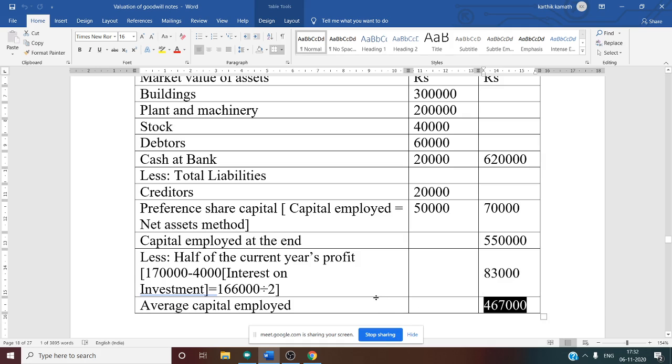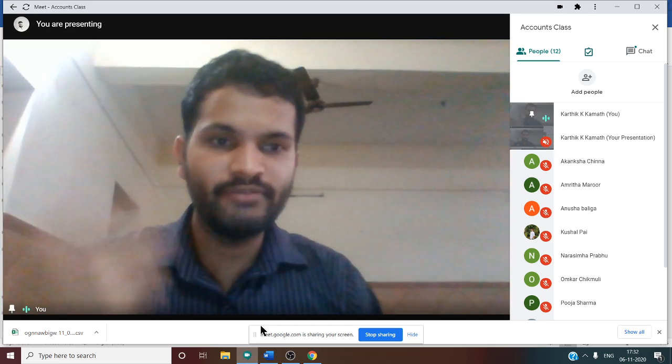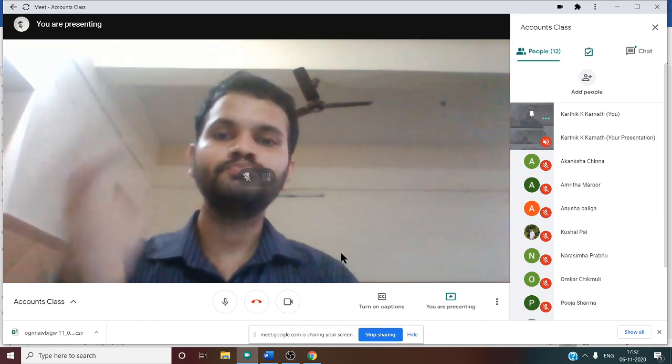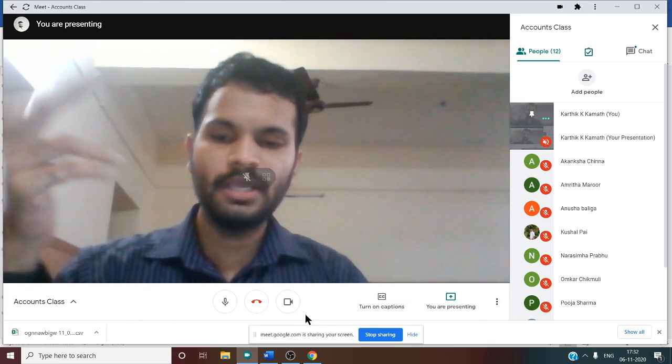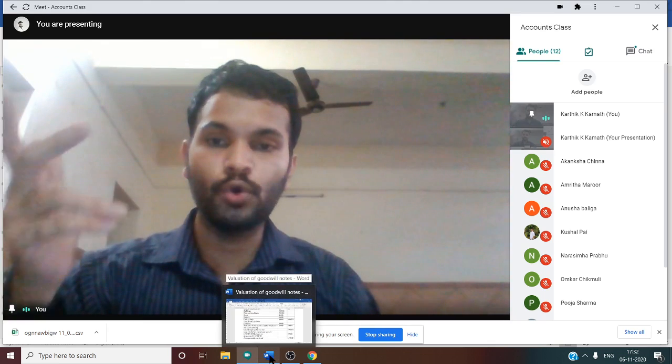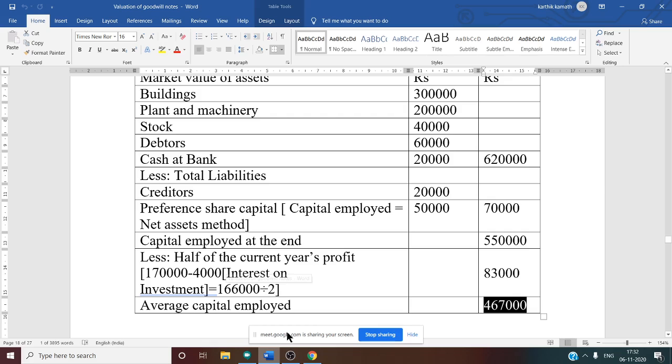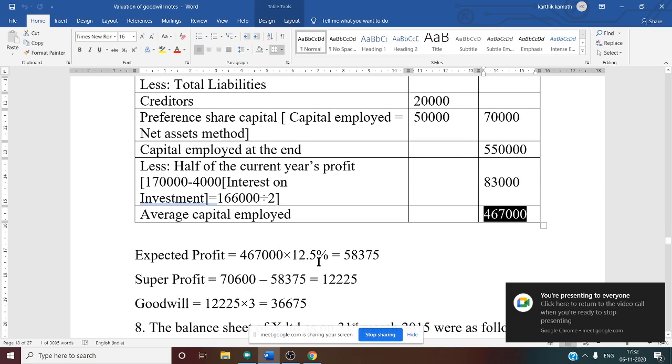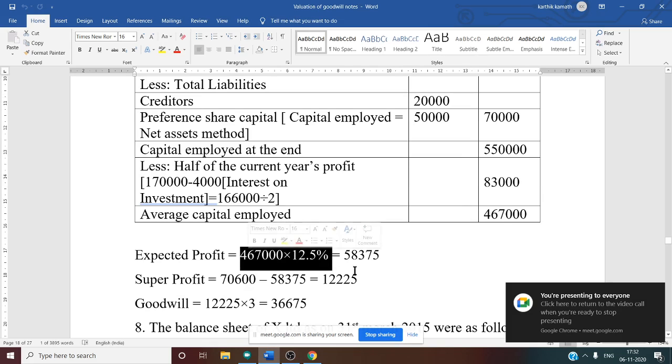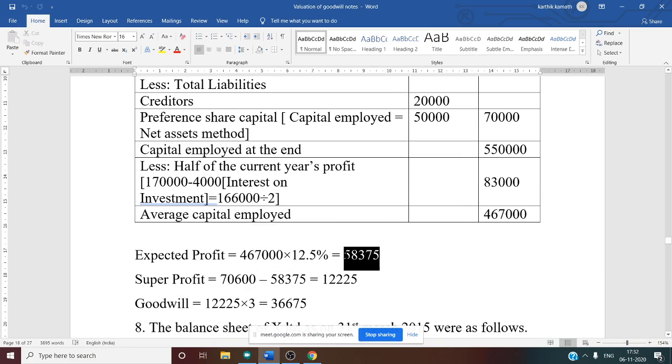Next, after knowing average capital employed, we can easily find out expected profit. Expected profit is equal to average capital employed into expected rate of return. So 4,67,000 into 12.5%, that is 58,375, is our expected profit.